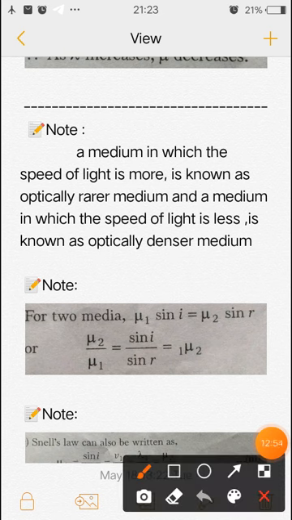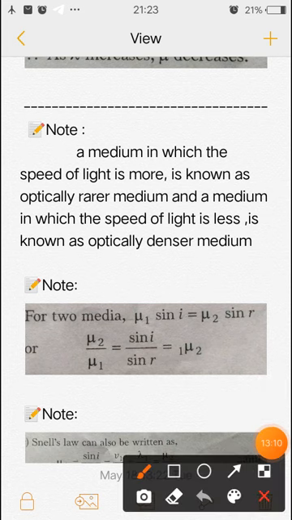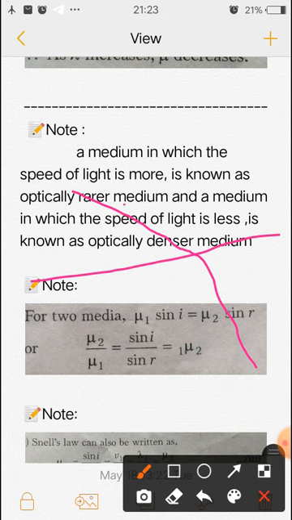Now for two media, Snell's law tells that mu1 sin i is equal to mu2 sin r. In this figure, this is the interface of two media. Light falls and gets refracted. In the first medium the refractive index is mu1, and in the second medium the refractive index is mu2.